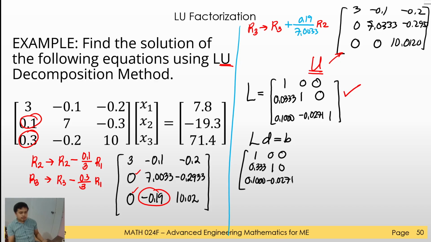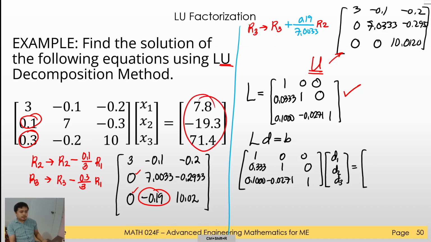This is too small to write on. And then D here will be, let's say, D1, D2, and D3, and then equals to B. So B here is your constant row vector: 7.8, negative 19.3, and 71.4.